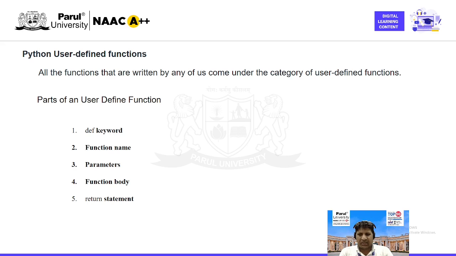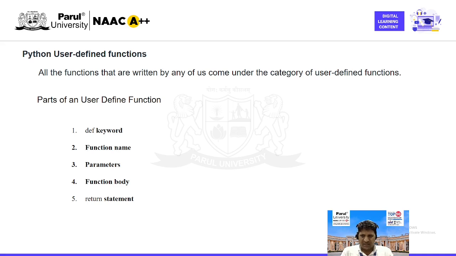Any user defined function has different parts. There are basically five parts of a function. The keyword: whenever we define a user defined function, we need to use the keyword def. The second part is the function name. Then parameters. Then the function body.